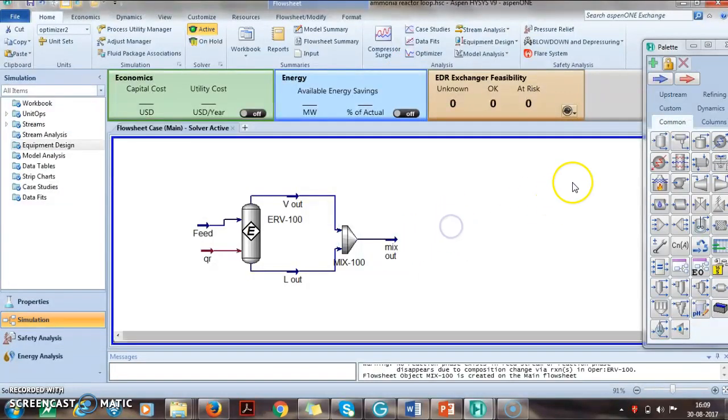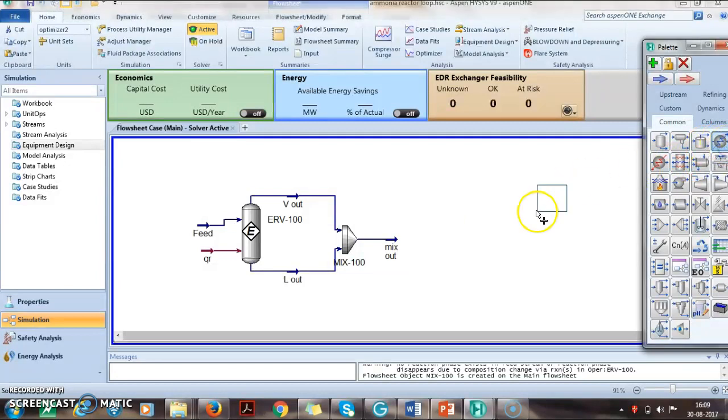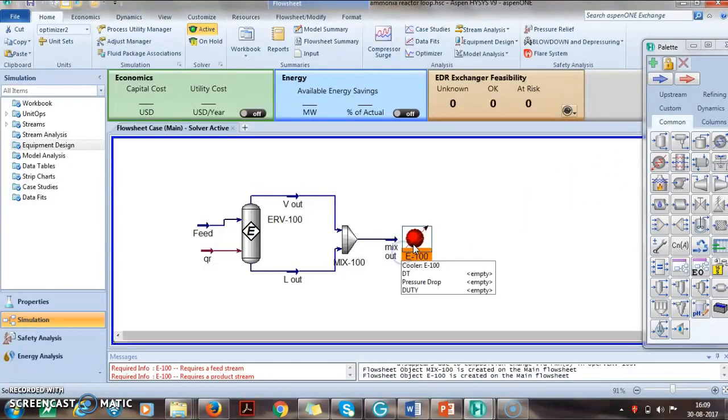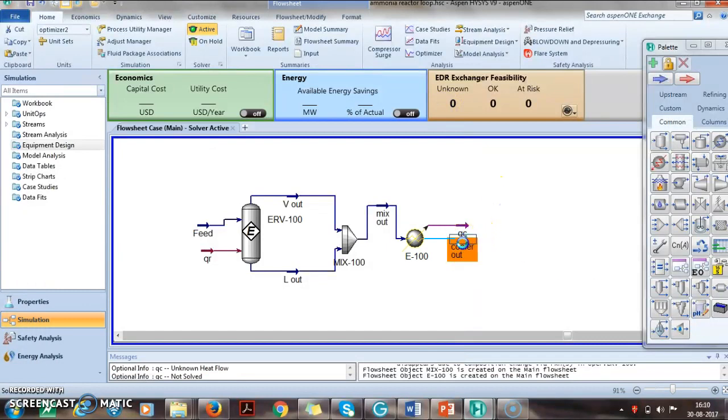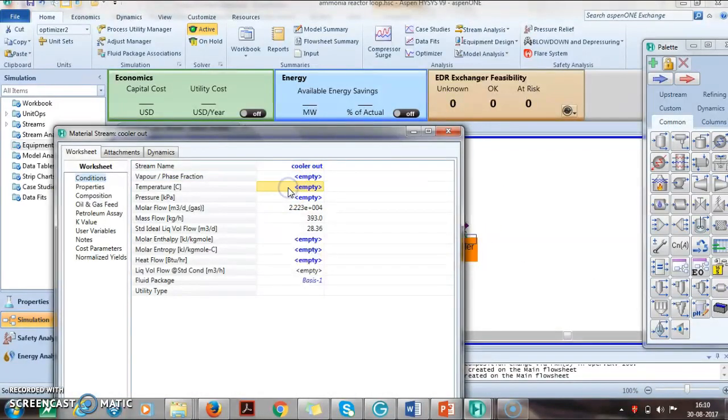The outlet of this is then cooled to minus 28 Fahrenheit. So let us name this mix out, cooler out, and let's say the energy is QC, the temperature is minus 28 Fahrenheit, and the pressure given is 2000 psi.